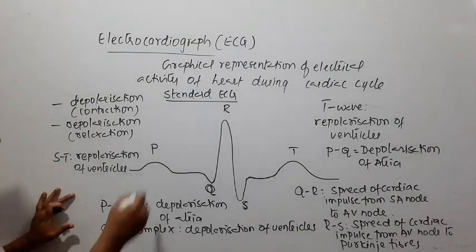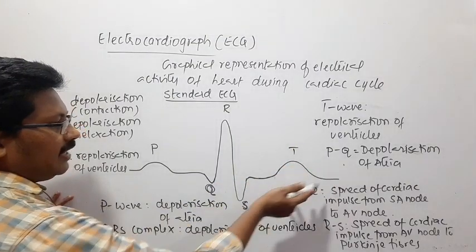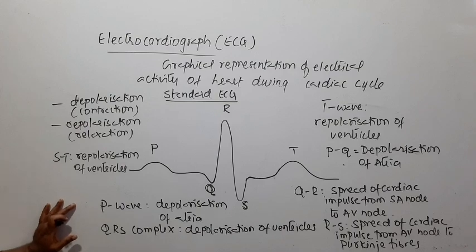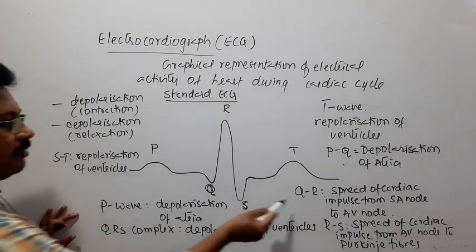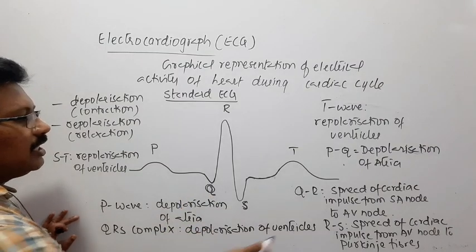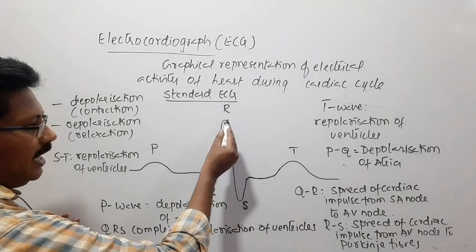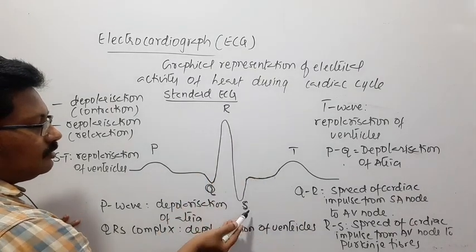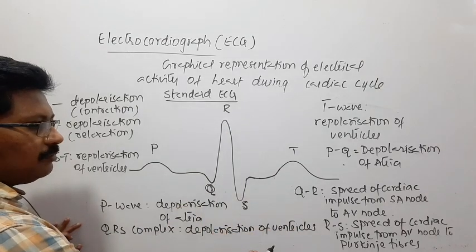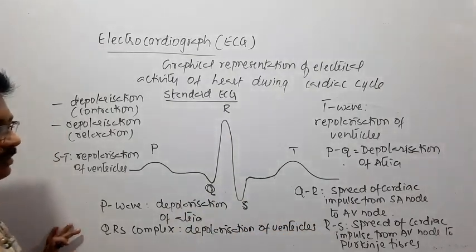So now you can see, from P to Q, it indicates the depolarization of atria, where atria are in a contracting state, and from Q to R is the spread of that electrical activity, that is action potential, from SA node to AV node, and from R to S, that indicates the spread of that action potential from AV node to Purkinje fibers.